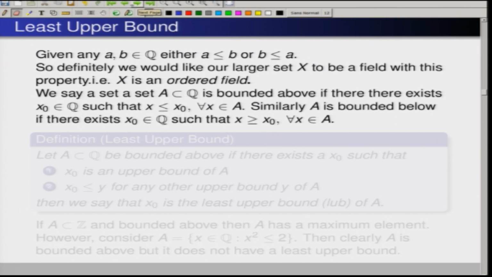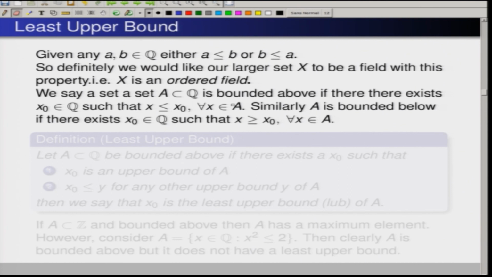Now, for this I define a subset A of the rationals to be bounded above if there exists an x naught in Q such that x is less than or equal to x naught for all x in A. For example, if I take all the rationals which are less than 1, then this is a set which is bounded above, and definitely any number of this set is going to be less than or equal to 1.